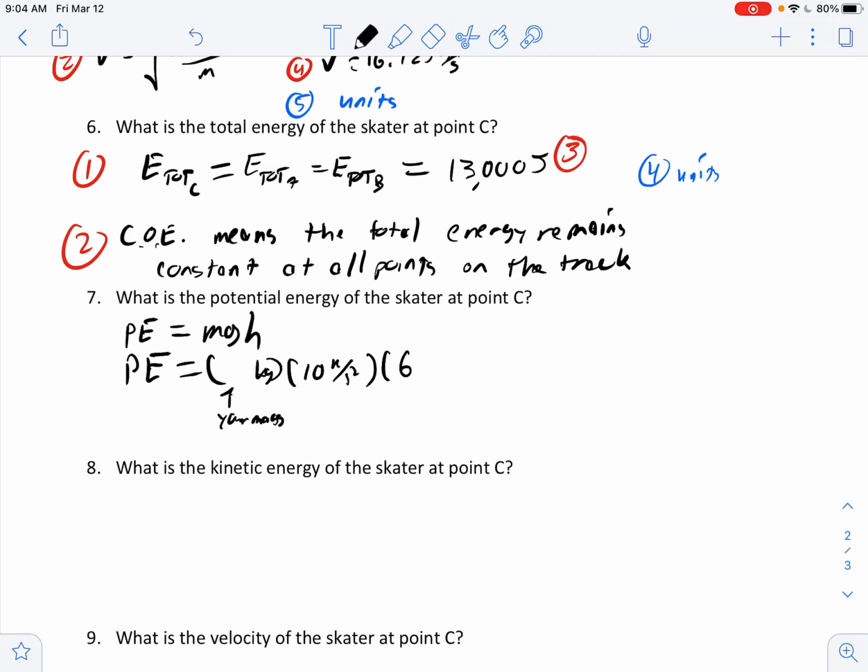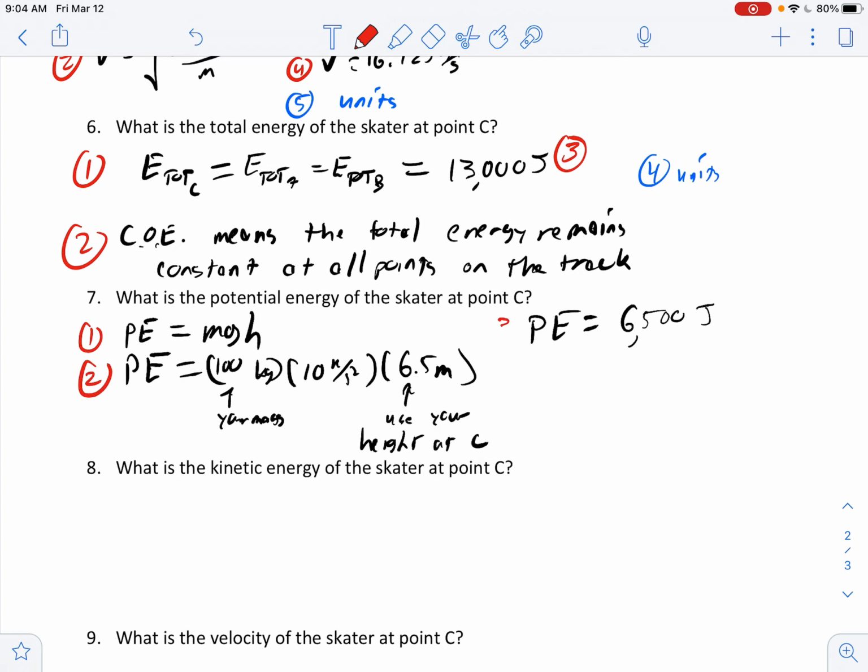All right, and for point C, I had 6.5 meters, so I'm going to use your height at C. So put it all together, and I get 6,500 joules. All right, so one for the potential energy equation, sub in your numbers, get your answer, and then, yep, you got it. Units.